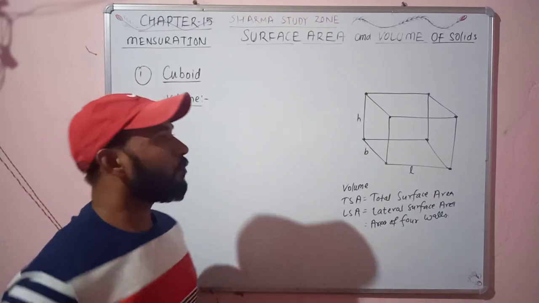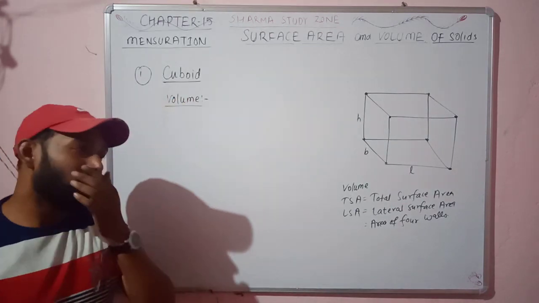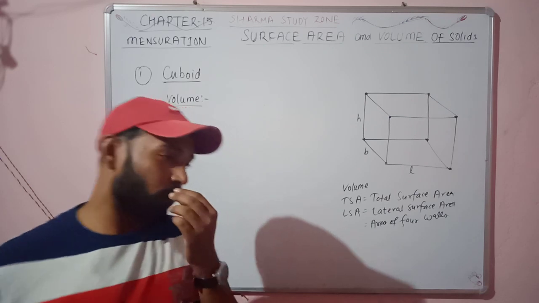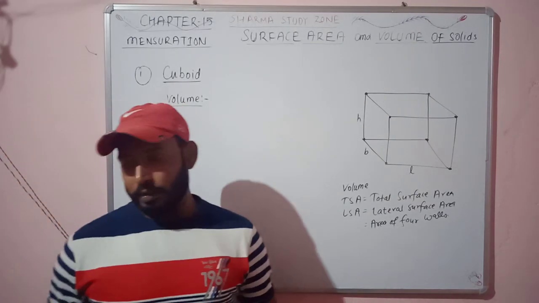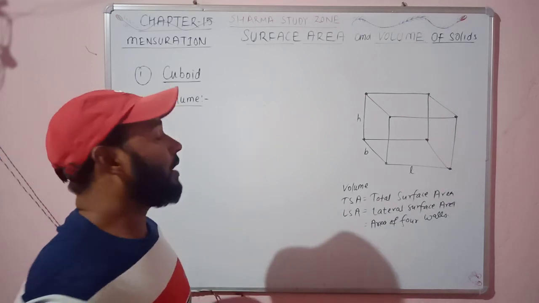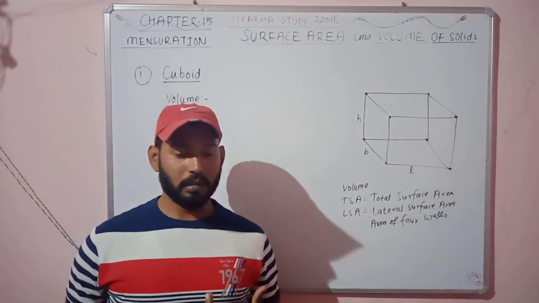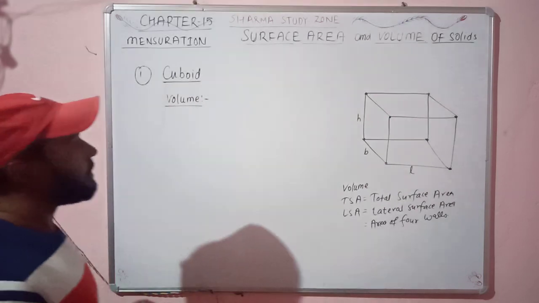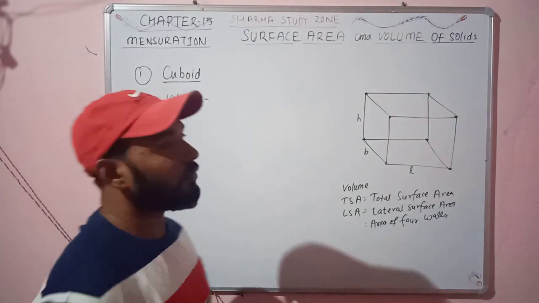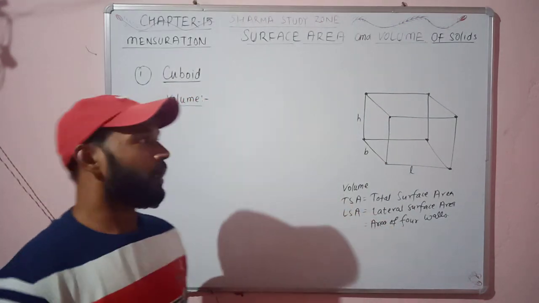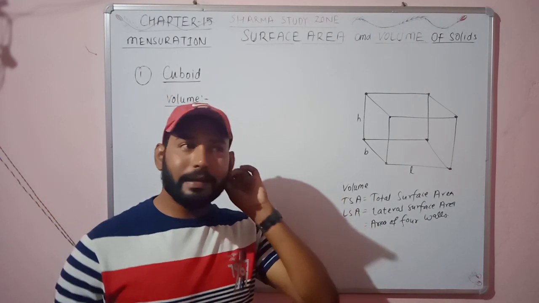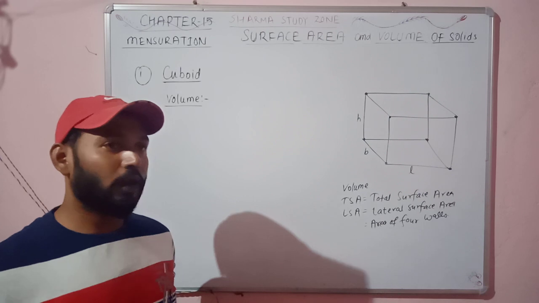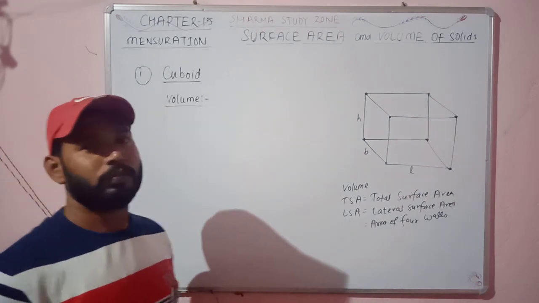What is volume? Before finding the formula, we need to know about the volume. For any object made of any material, the total amount of material needed to form that object is known as the volume.